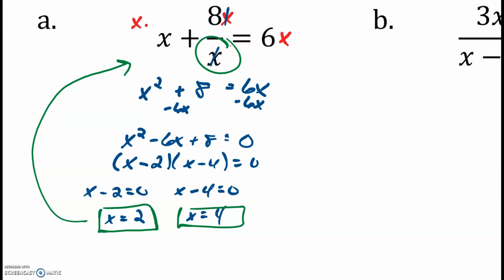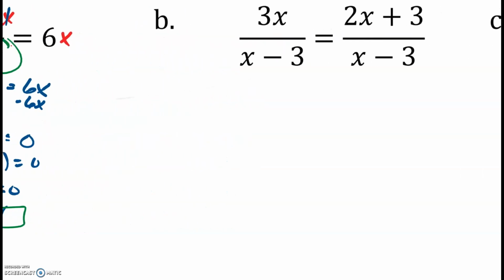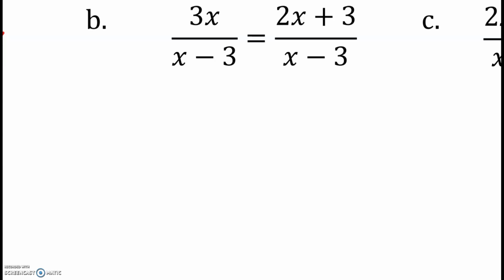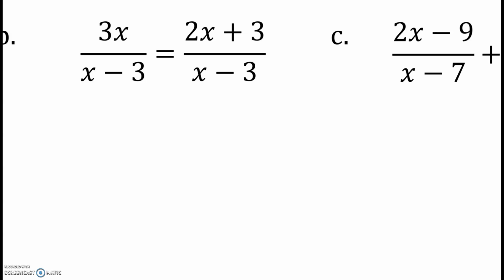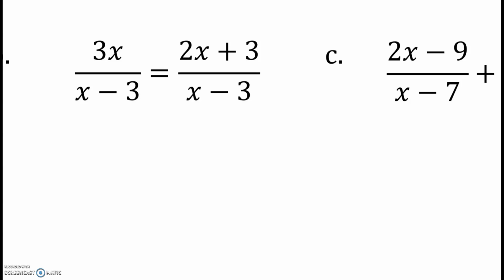Equation A. Now let's look at equation B. It's a rational equation. And I know in rational equations, what I'm told to do is multiply every term by the least common denominator. My least common denominator here is the factor of x minus 3.